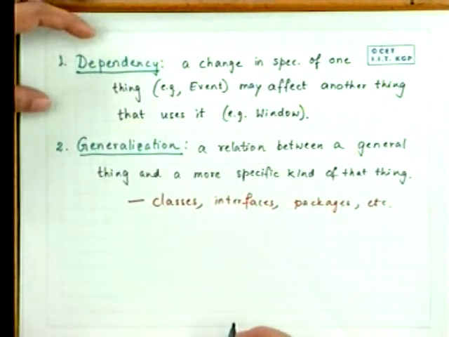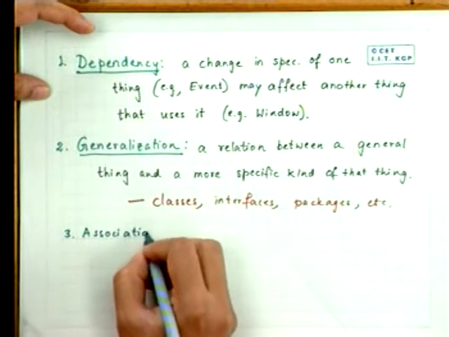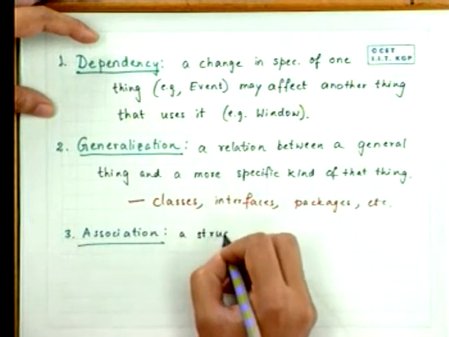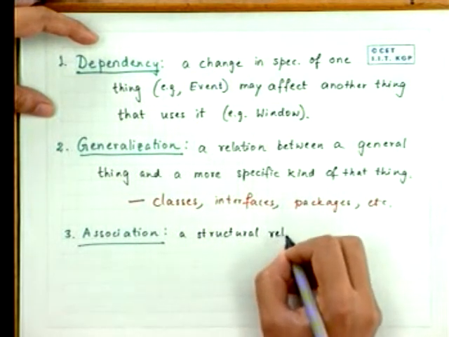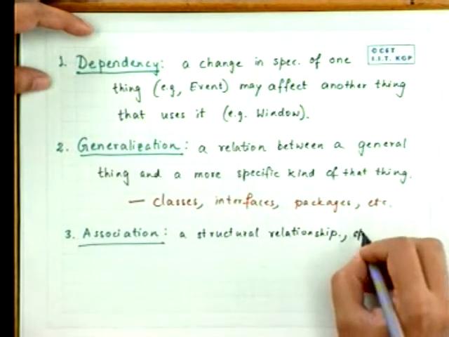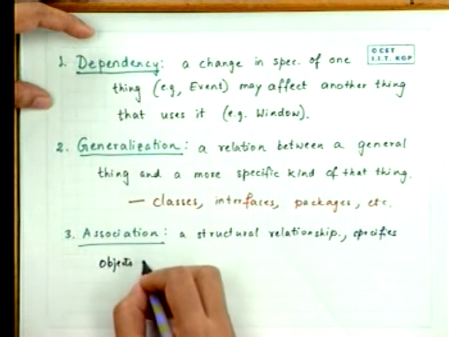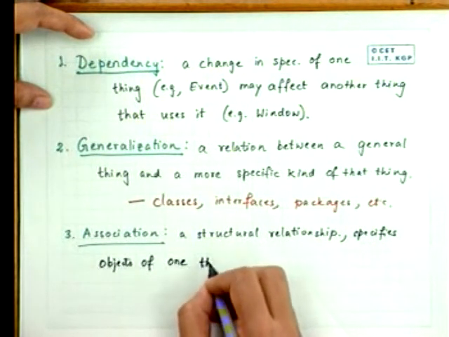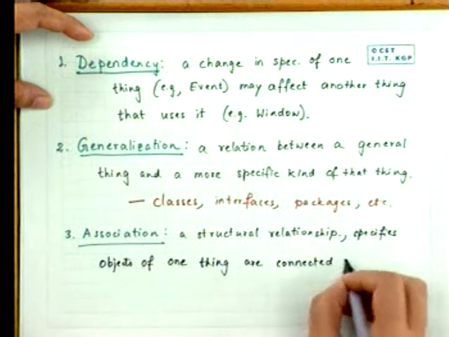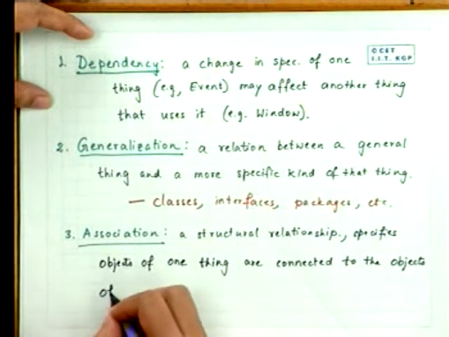Thirdly, we come to the association relationship. So association is a structural relationship, so it specifies that objects of one thing are connected to the objects of another thing.